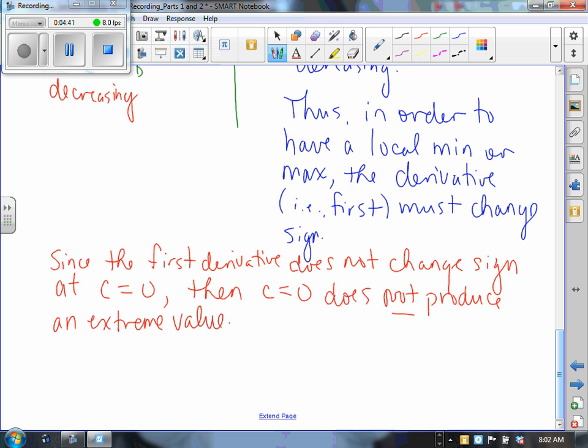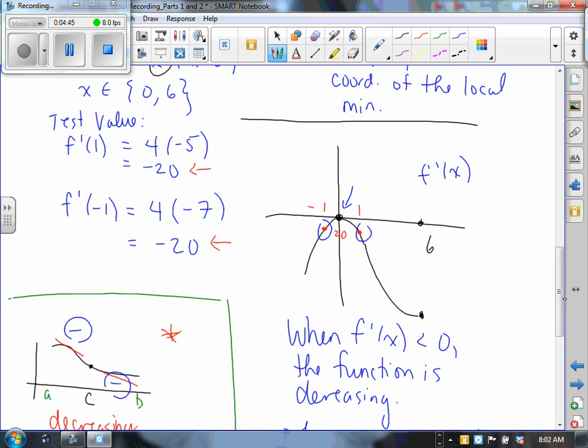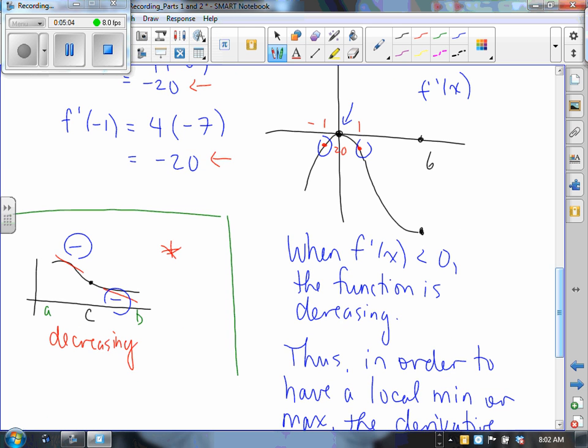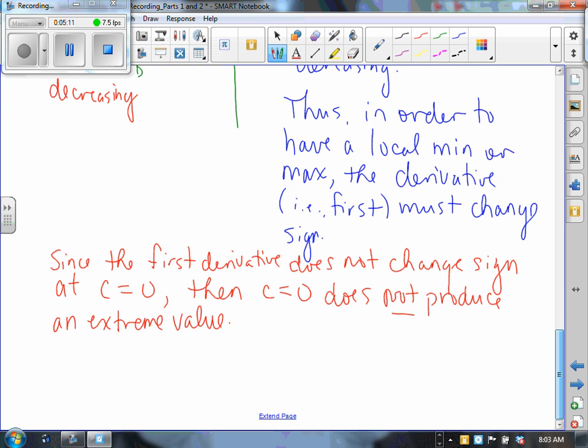So that simply validates what we had already figured out in a previous example. At 0, we had an inflection point. Doing a first derivative test, searching for maxes and mins, we've been able to more or less prove that it is not an extreme value.